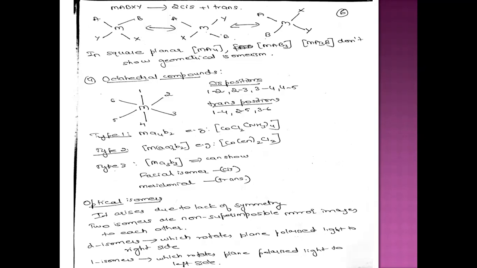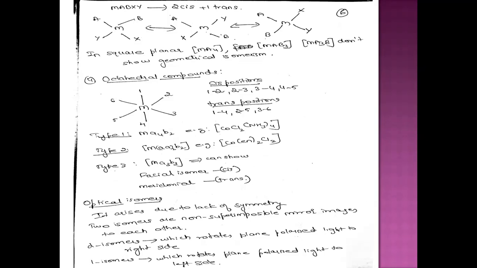If any compound is given to you with all four ligands different and two are of the same family, they ask you how many geometrical isomers are possible. You can directly write two cis and one trans, total 3 isomers are possible for such type of compound. Now, we have seen these 4 types of complexes show cis and trans isomerism.